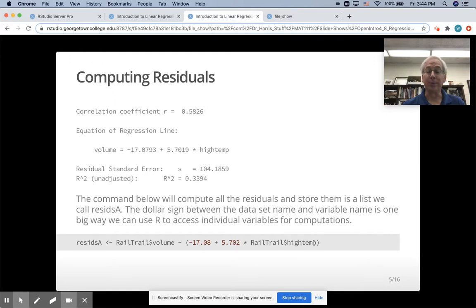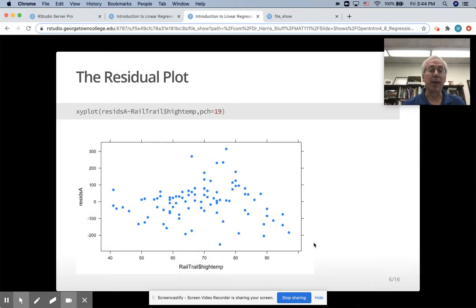That's pretty cool. I'm not going to show you the outcome of resids_a, but we are going to do a scatter plot. We'll have resids_a as our response, and we'll use the original explanatory variable, high temp, as well. This is the residual plot. There is a relationship between the original scatter plot and the residual plot.